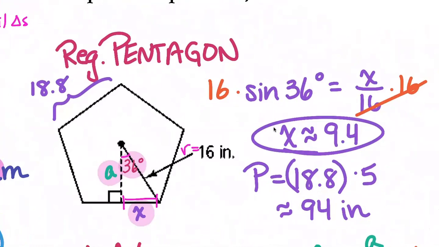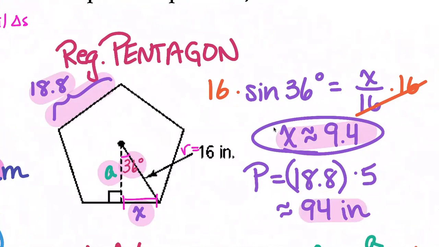So I did the sine of 36 is opposite over hypotenuse, X over 16. Okay, and then I solved that and got 9.4. Now that is just half the side length. So the whole side length here is 18.8. Okay, the perimeter is 18.8 times 5, which is 94 inches.